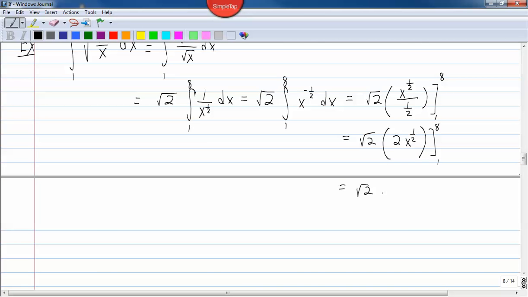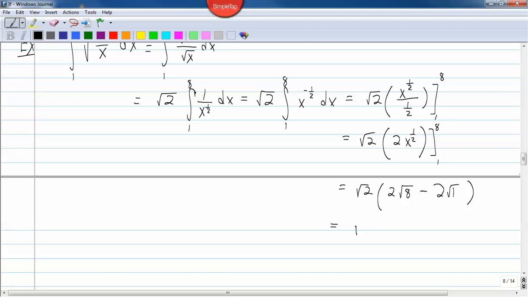So that's the square root of 2 times, plug in an 8, that's going to be 2 square roots of 8 minus, plug in a 1, 2 square roots of 1, which I really never write because that's just 1.